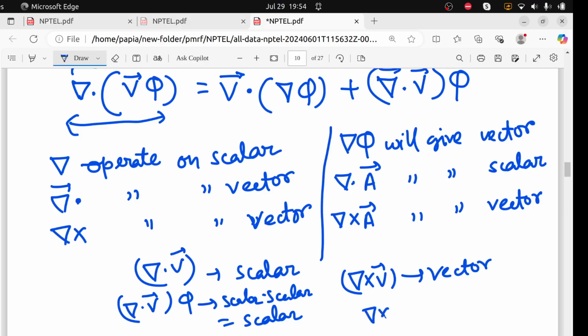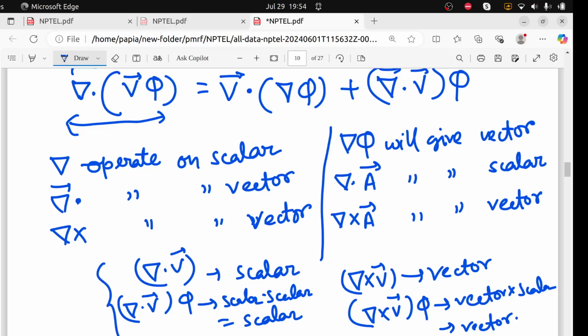If I take phi as a simple multiplier, then vector into scalar will give me a vector. But I need the right hand side to be a scalar. So I have to do this operation, divergence of v, and then simply multiply it with phi. Is it fine? For this term only.